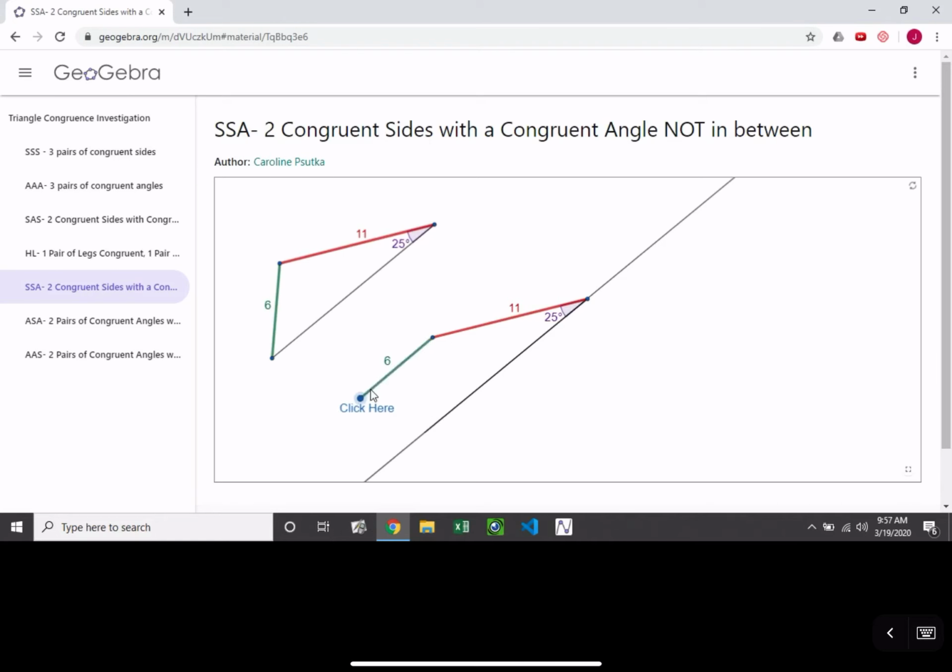So I have an angle that can change, well, two angles that can change. But notice I can click, okay, so here, so it kind of looks like I can just only do one triangle. But there's a second one right there, which is definitely not the same. So side side angle does not work.